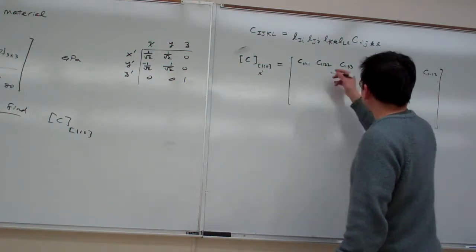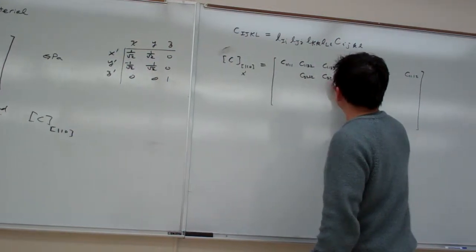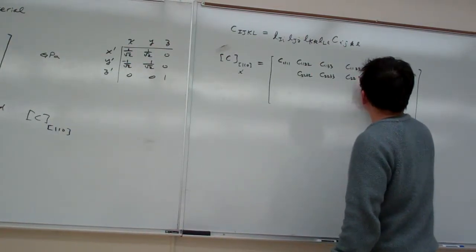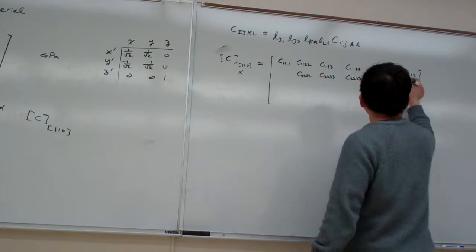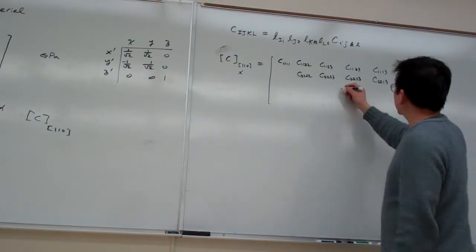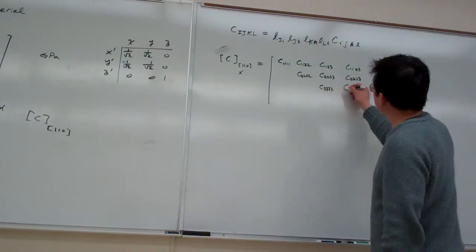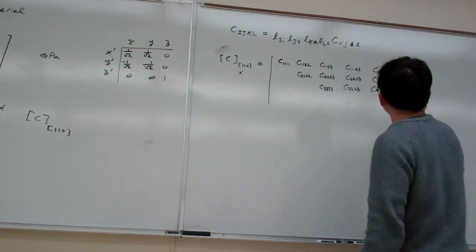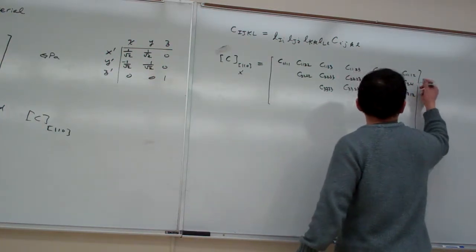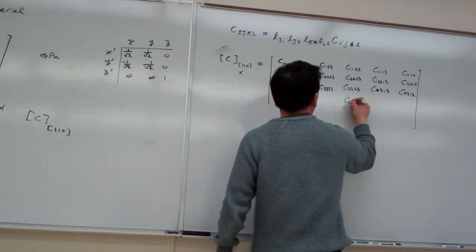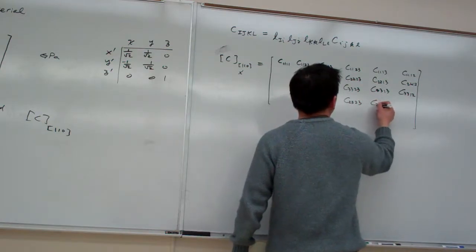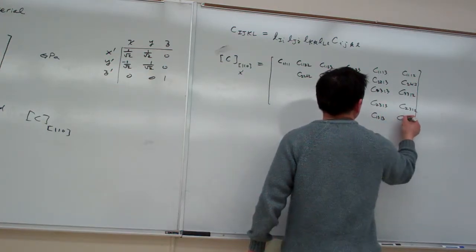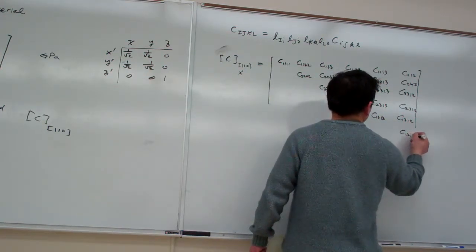That is the first row, and the second row: 2222, 2233, 2223, 2213 and 2212, and then 3333. Then 2323. 1313. 1212. Okay.